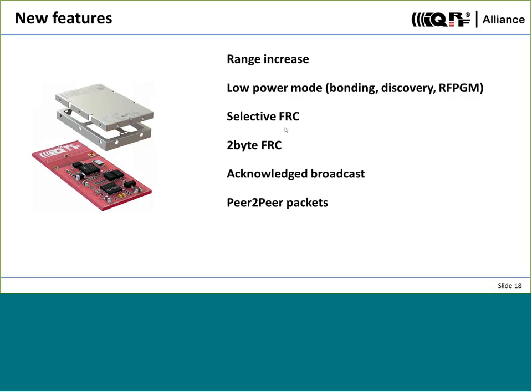Another very important feature which is coming is peer-to-peer packets, or peer-to-peer communication. So far, the DPA was focused mainly on, let's say, mesh networking, or controlling the mesh from the control unit. The peer-to-peer packets enable communication from one node to the others, so basically to all the neighbors.